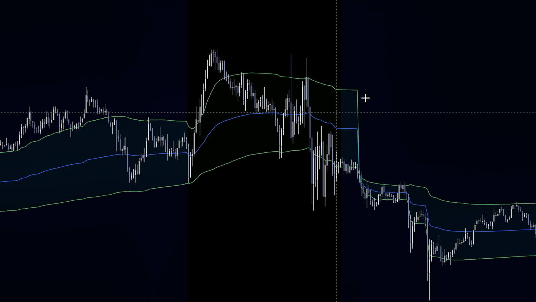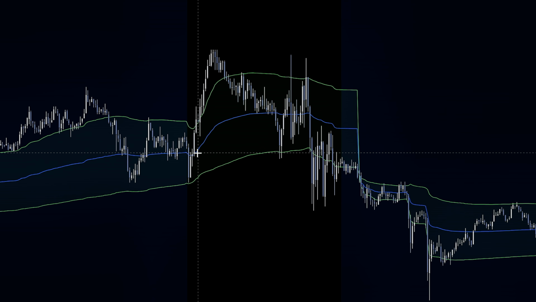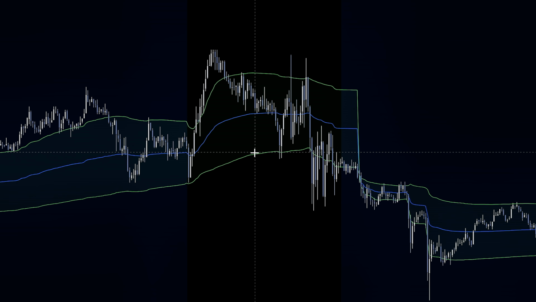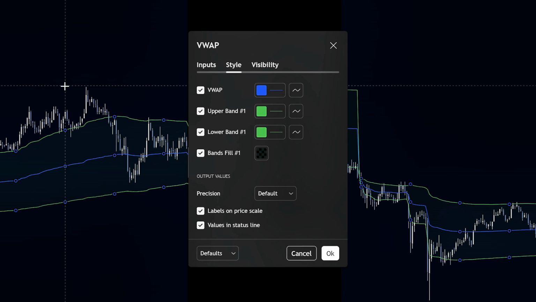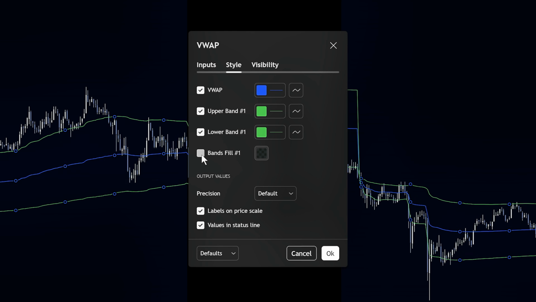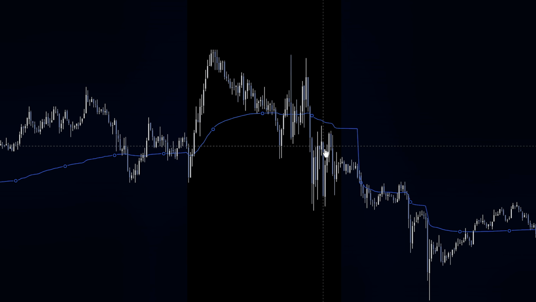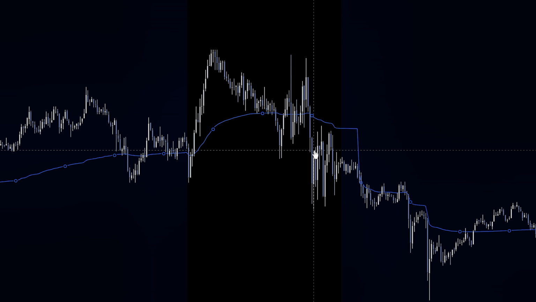Now what we're going to get here, standard settings, we have the VWAP line in blue, and then we have the upper and lower range. This happens to be like support and resistance levels, but we're not going to concern ourselves with this just yet. We go on over to settings, and in settings, we want to disable the band fill, the lower band and the upper band. And now we have this nice clean line, also known as VWAP.